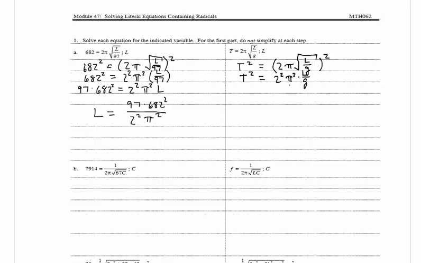And then I'm going to multiply both sides by g. So I get t squared times g is equal to 2 squared times pi squared times L. And now we're going to divide both sides by 2 squared pi squared. So L is equal to t squared times g divided by 2 squared times pi squared.